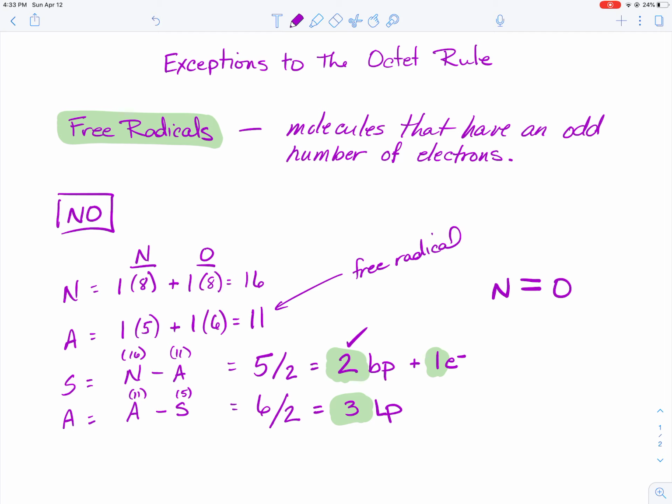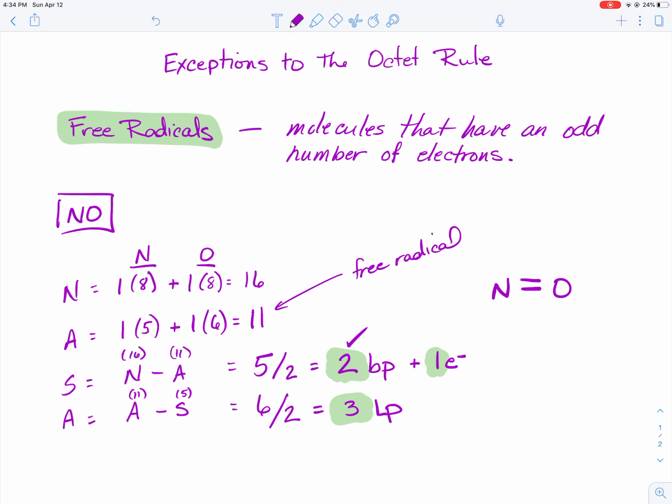And then what I want you to do is place your lone pairs. Let's think of the one extra electron last. Now, if you started with nitrogen, you would think, oh, I need to place 2 lone pairs, and then you move over to oxygen and think, oh, that needs 2 lone pairs, but there's only 3 total, not 4.